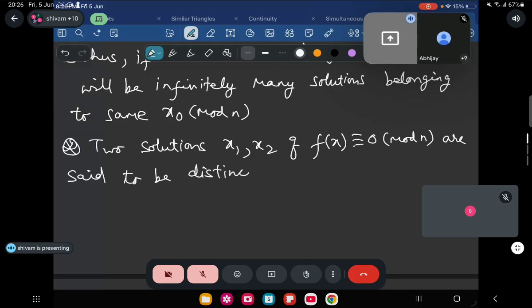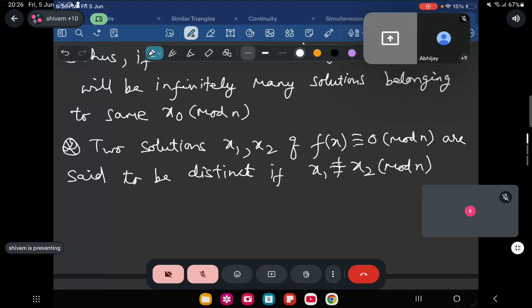Two solutions x1, x2 of f of x congruent to 0 mod n are said to be distinct if x1 is not congruent to x2 mod n. Then only you can say that they are distinct solutions.